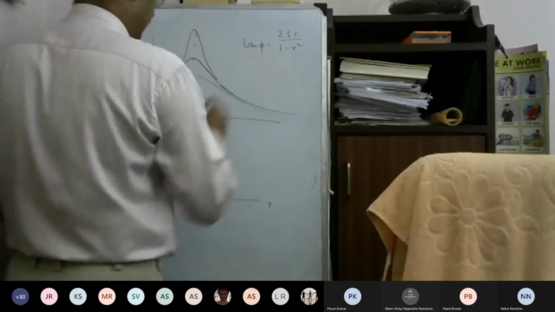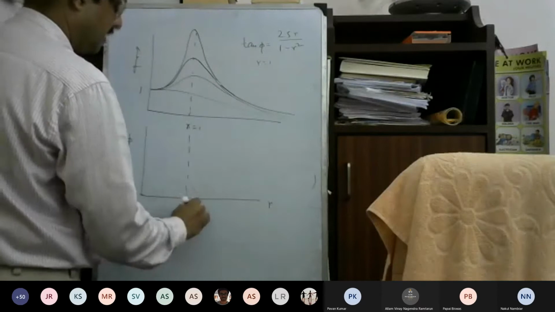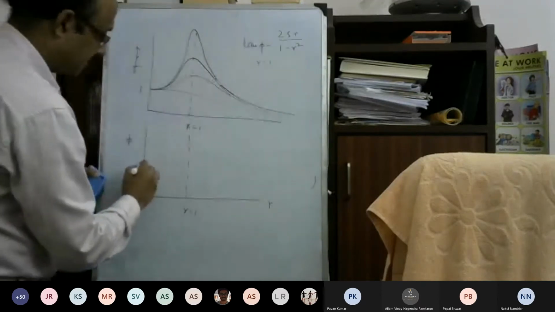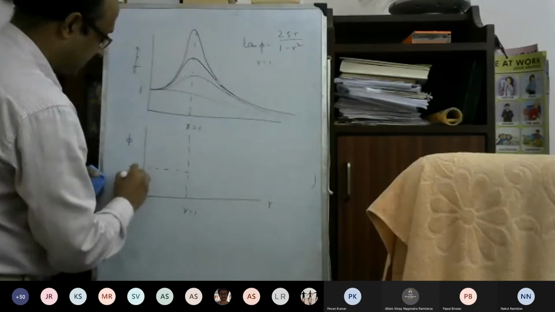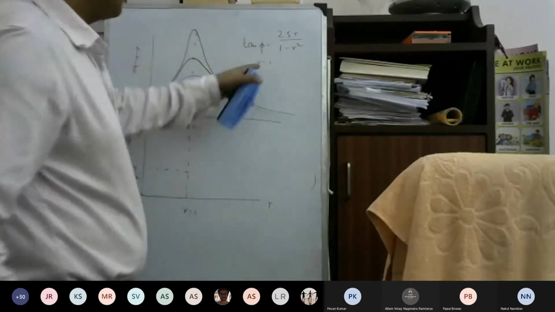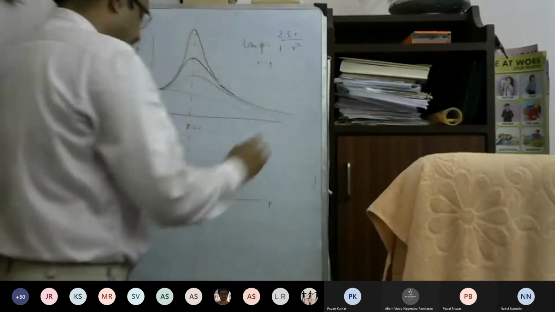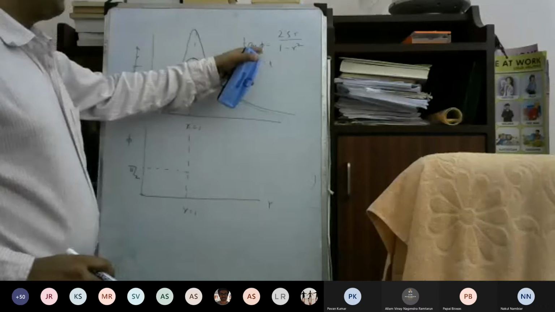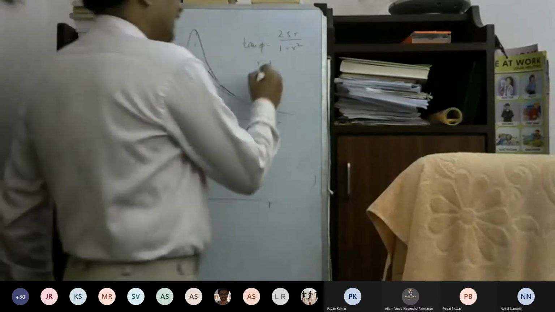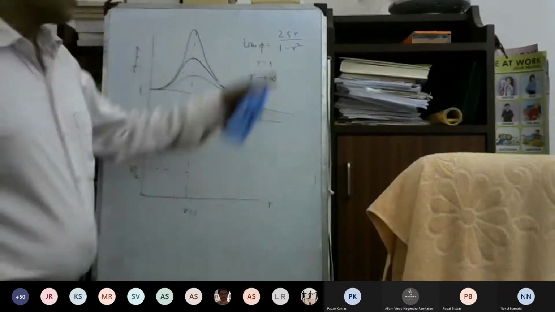When R equal to 1, this becomes infinite, so therefore this will go to 90 degree, pi by 2. When R is more than 1, then actually tan phi becomes negative because it becomes more than 90 degree. When R tends to infinity, then what is going to happen?